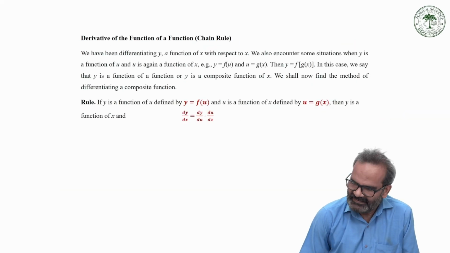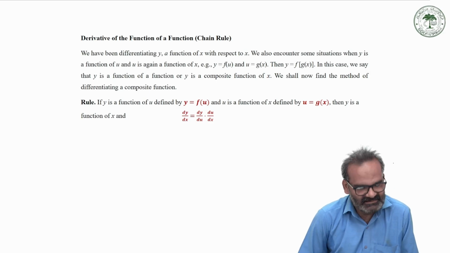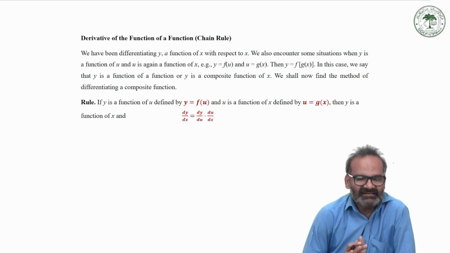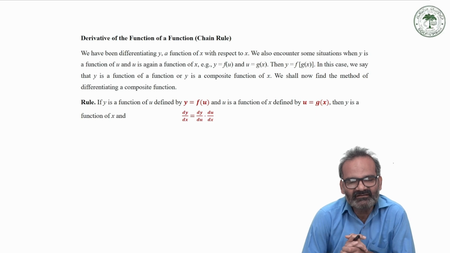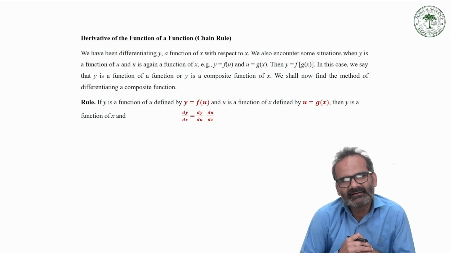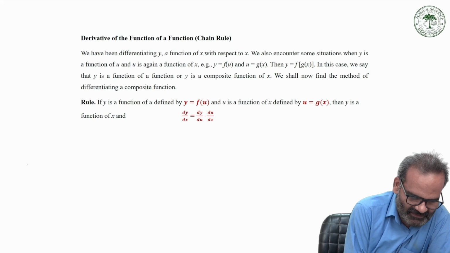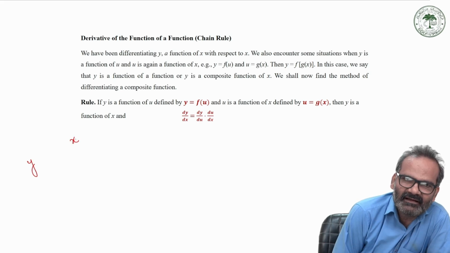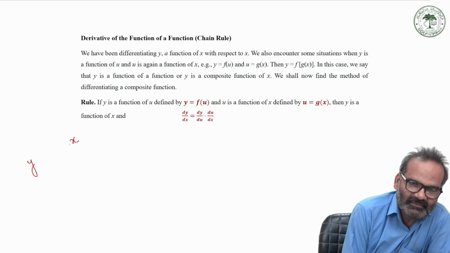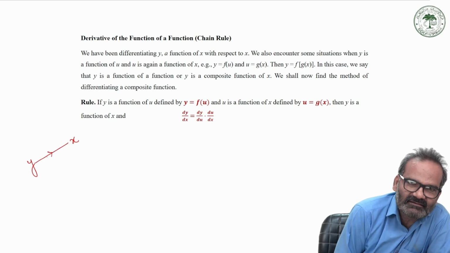Now, after having the idea of the product rule and quotient rule, the next stage is what? Derivative of a function, that is known as the chain rule. Look at this method. Actually, what we did now, see very carefully, this is y and this is x. This is the variable y, this is the variable x. y is dependent on x.